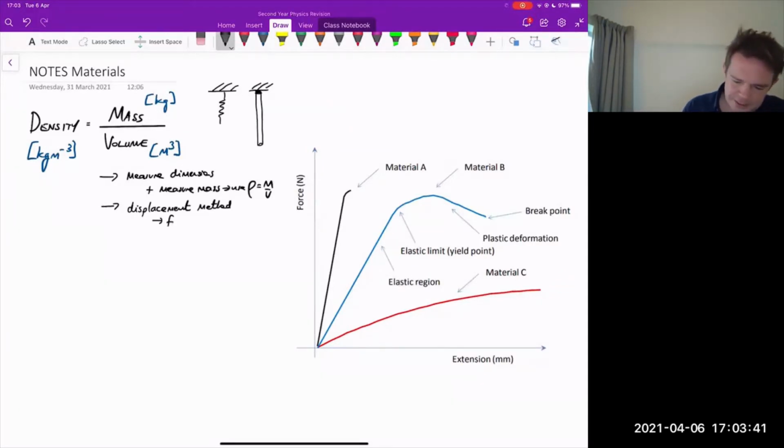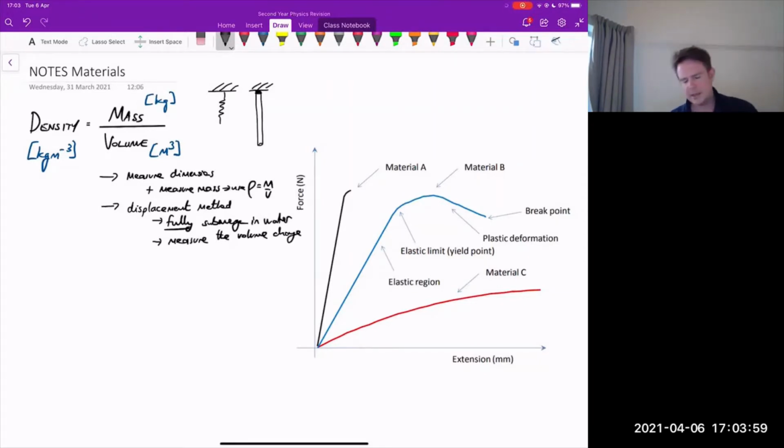So it's important that it's fully submerged in water, and measure the volume change. You need to use a measuring cylinder typically. So that's just the first little statement on density, definition and how you might measure the density of an object.